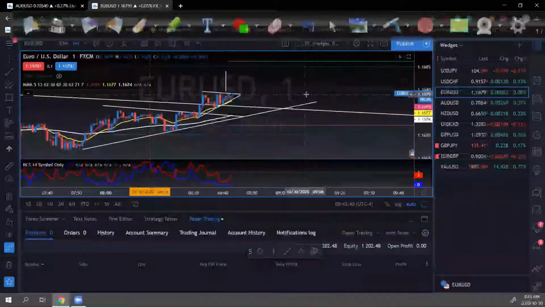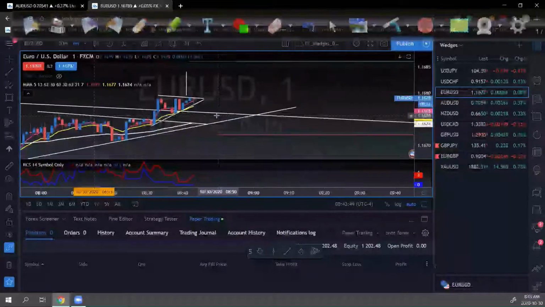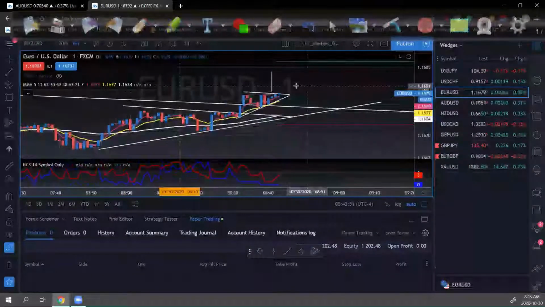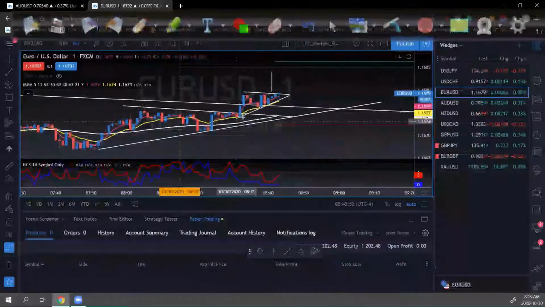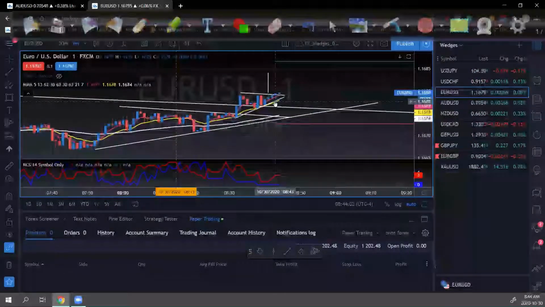So it's been working for a while before we even knew it was here. I like this bounce. One hit, two hit, 3, 4, 5. It bounced, and then you got that rejection wick, that scouter wick from the bottom.